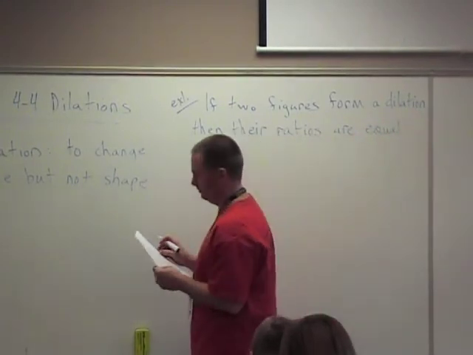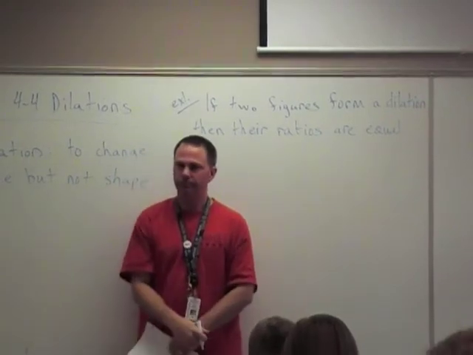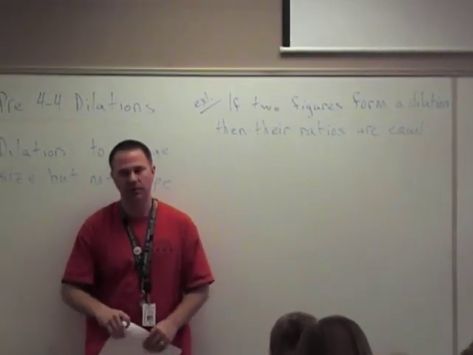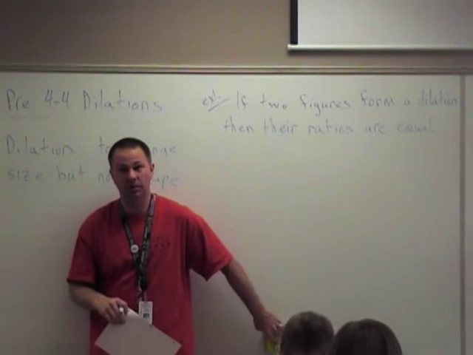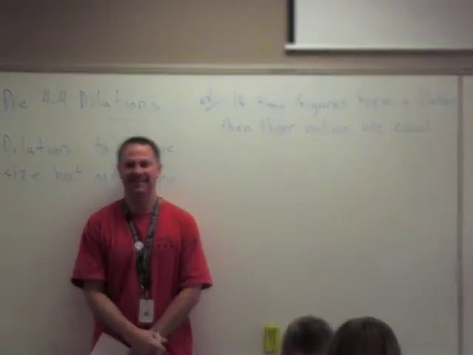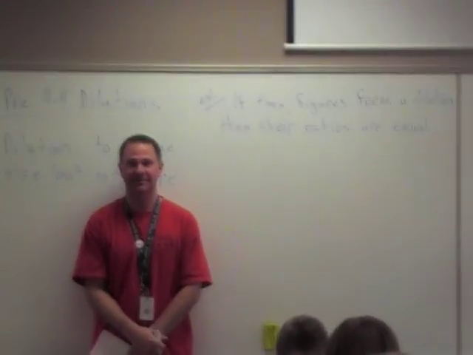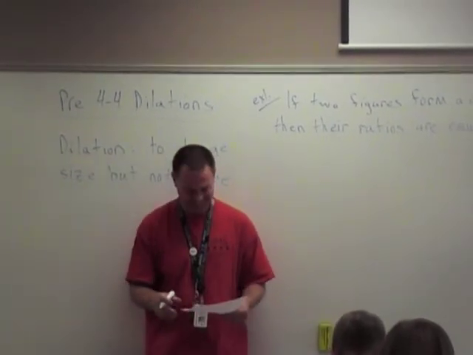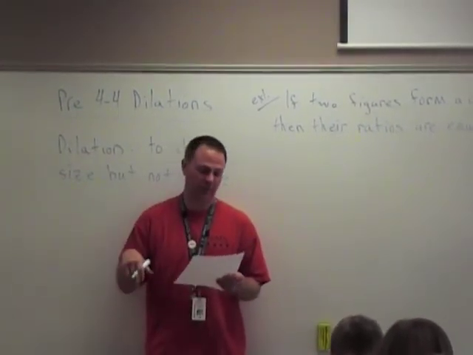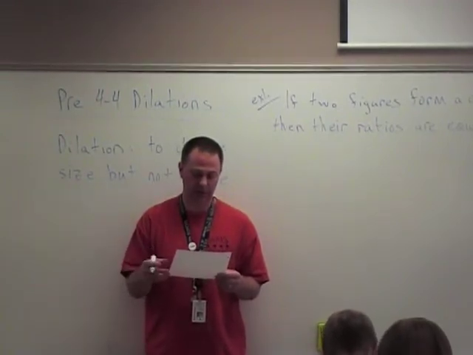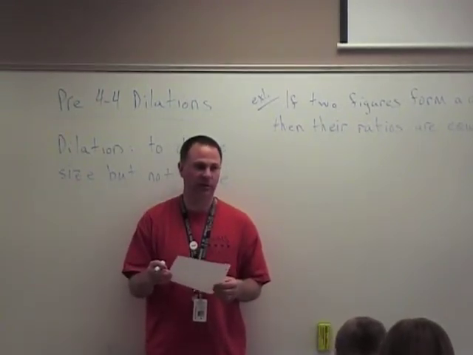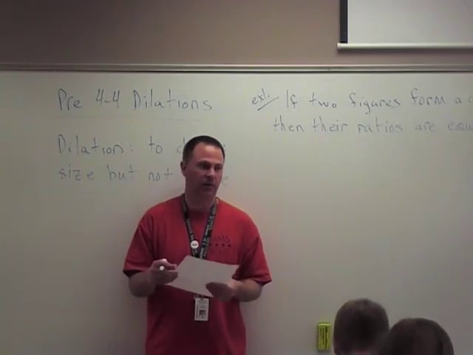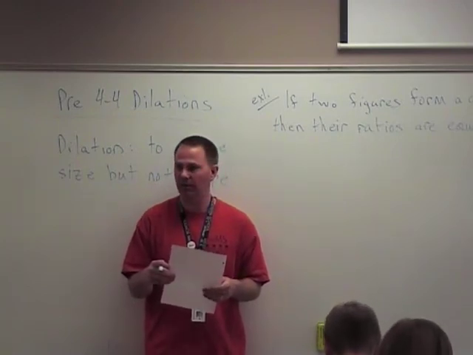What does that sound like? Proportions. Two ratios that are equal. So this is leading you to understand how to find what the dilation is, what the factor you're multiplying or dividing by is.